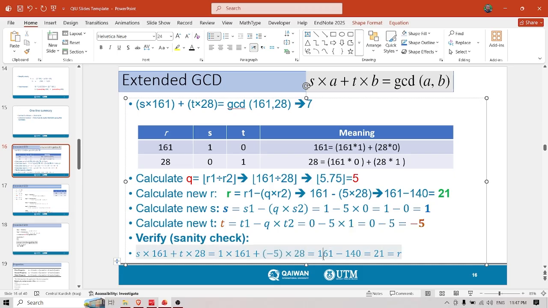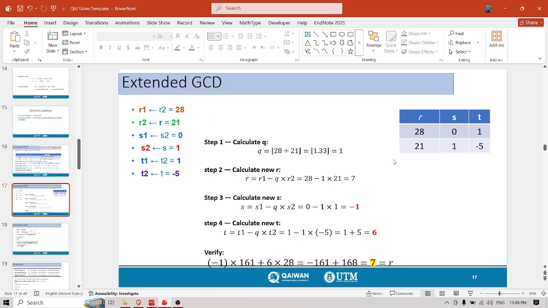If we did this, we will get 161 minus 140, which would be 21, and this 21 would be the R. Because we want to make sure that it is correct, now you see that this 21 and this 21 are the same, so it means that the S and T that we got are correct.